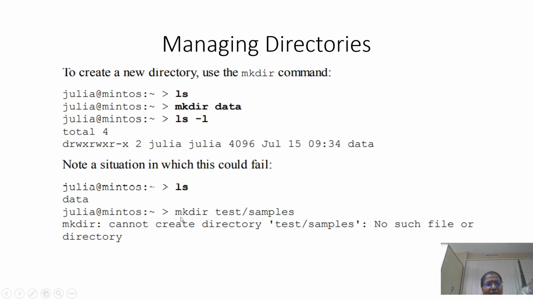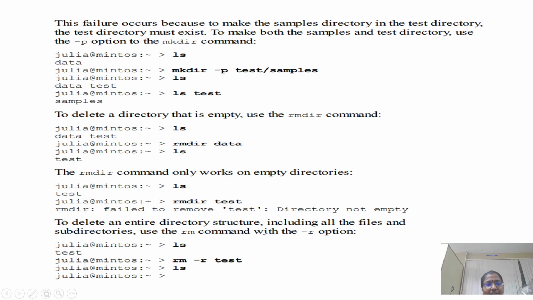Suppose you want to create a directory with mkdir test/samples. You cannot create this directory. Why is it not created? Because it comes back as no such file or directory.